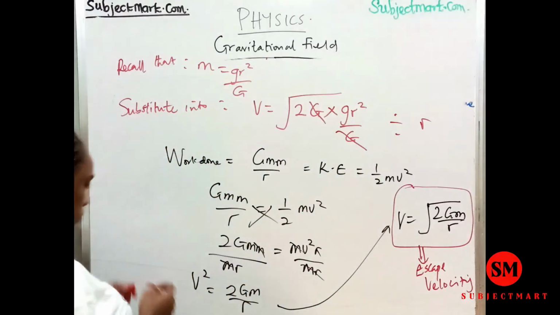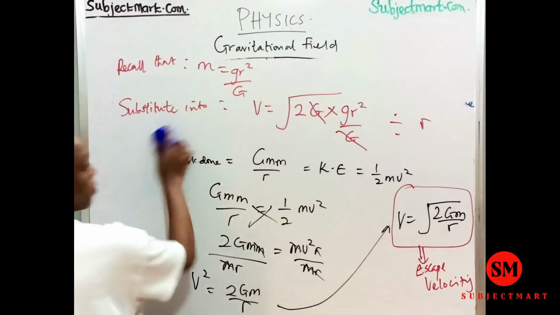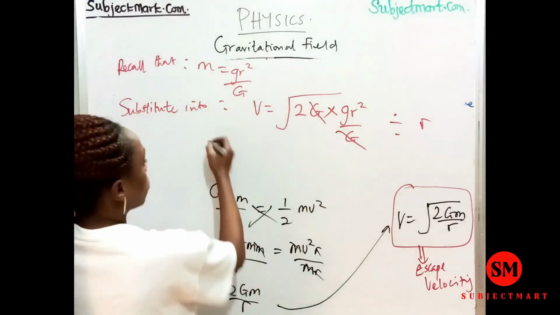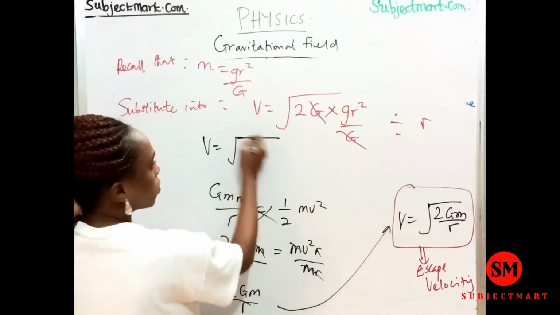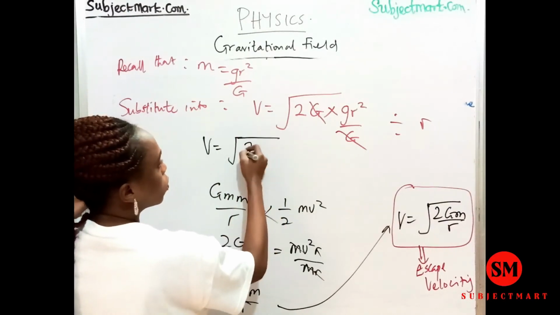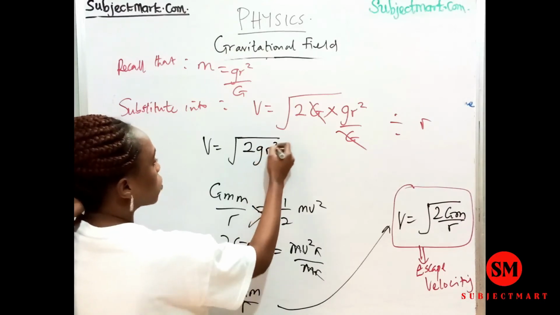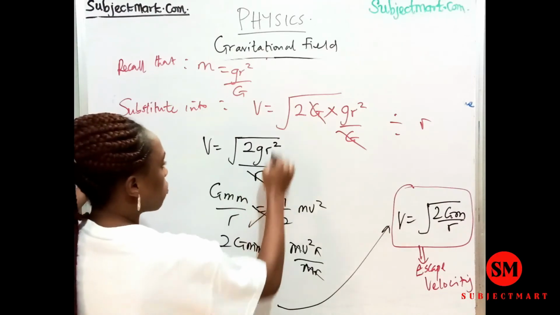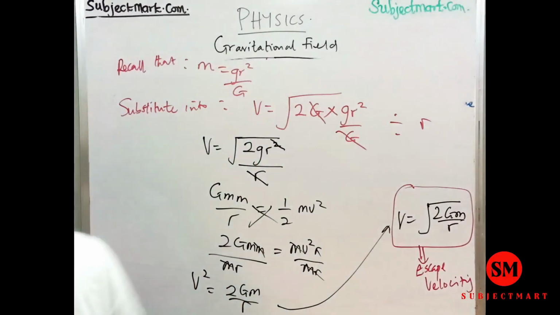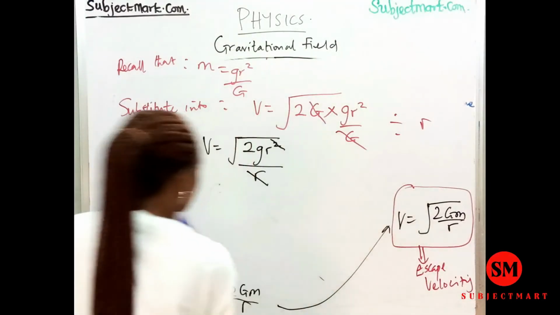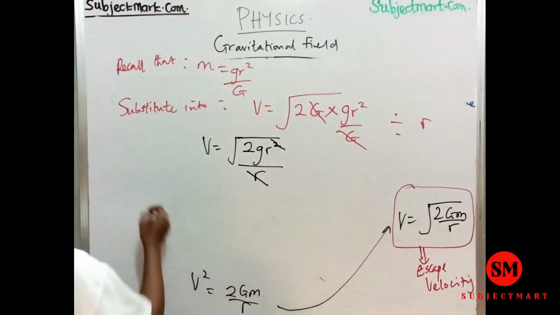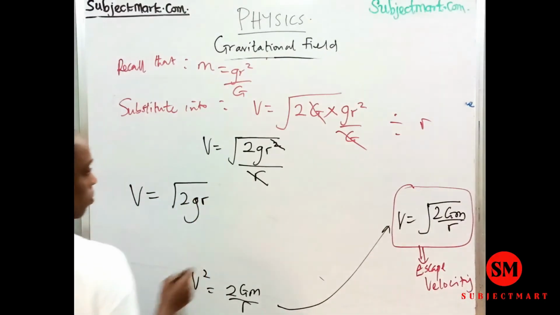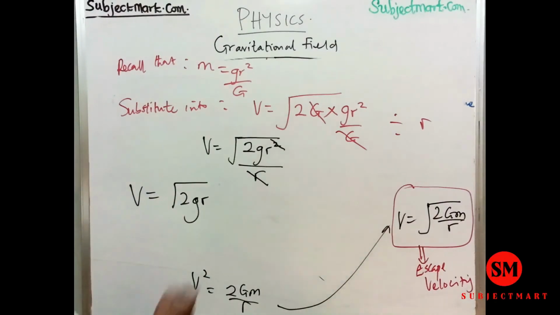G cancels G. So my v is equals to square root of 2g r squared over r. R cancels r, and that gives me v is equals to square root of 2gr.